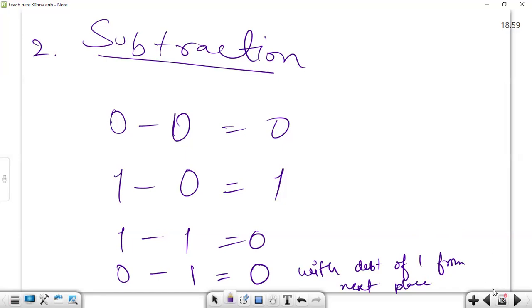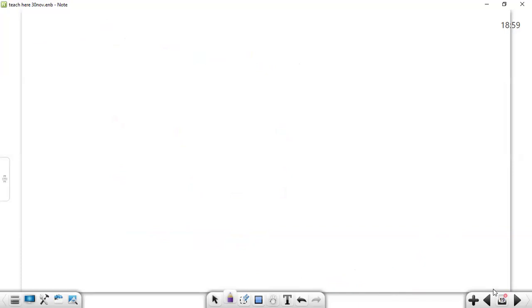Let's take an example to better understand it. 10001 subtracted by 10011. Okay, but we cannot subtract it like this. Clearly, the above figure is smaller than the lower one.